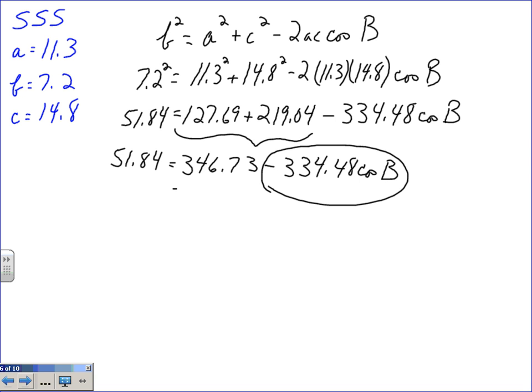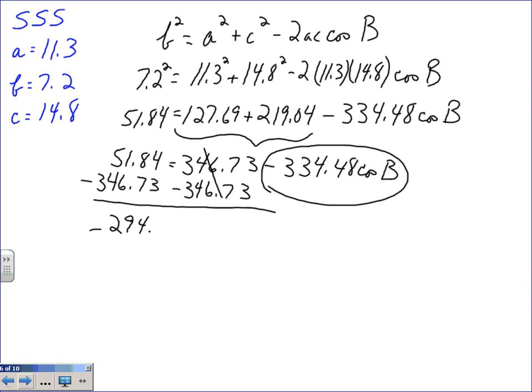So now I'm going to subtract, and you guys are going to have to do this in your calculator. Subtract 346.73 from each side. And what do we get over here? It should be negative 294.89. Equals negative 334.48 times cosine B. And now we divide.